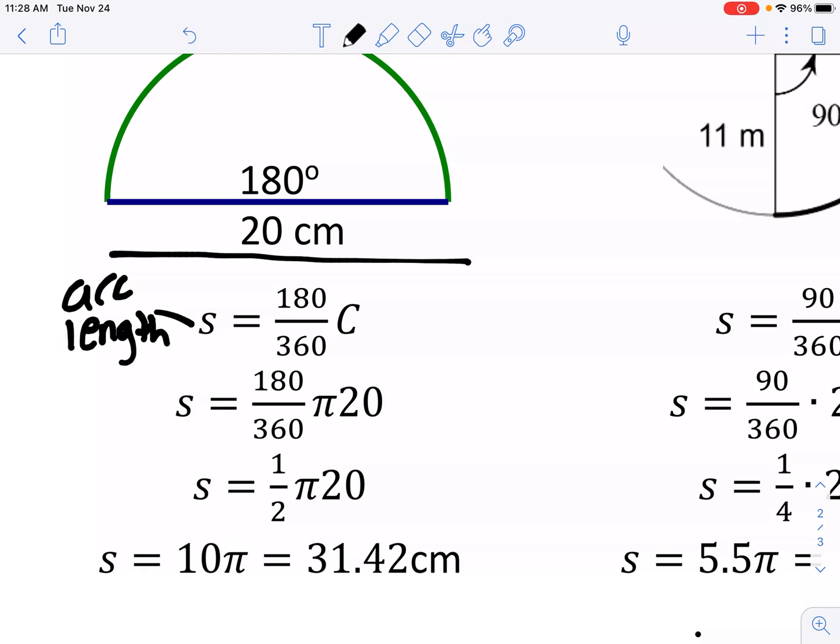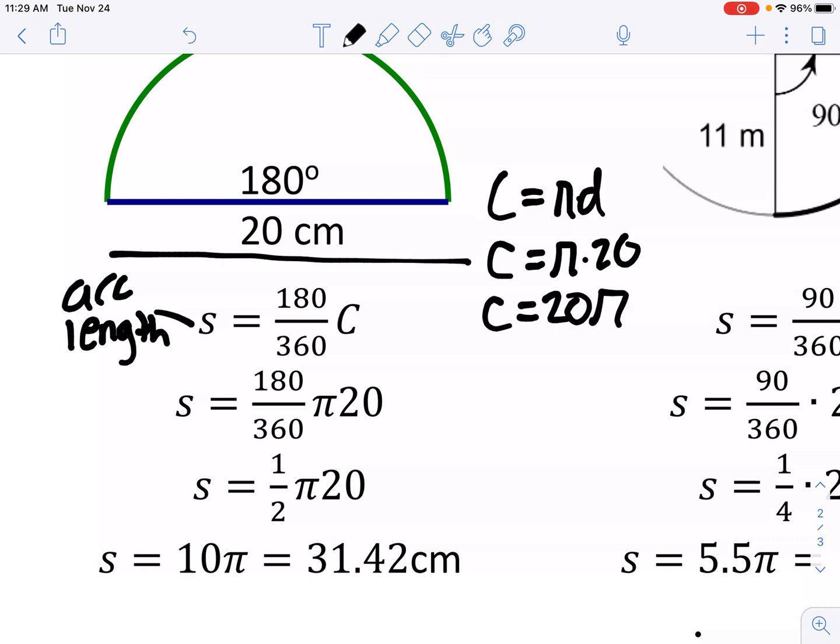Okay, so with that in mind, we'd have 180 over 360 times our circumference. Well, the circumference, if we were looking at the whole circle, would be pi times diameter, right? Well, our diameter is 20, so it'd be pi times 20, or we could think of it as 20 pi, okay? So that's where this kind of comes in down here is pi times 20 or 20 pi.